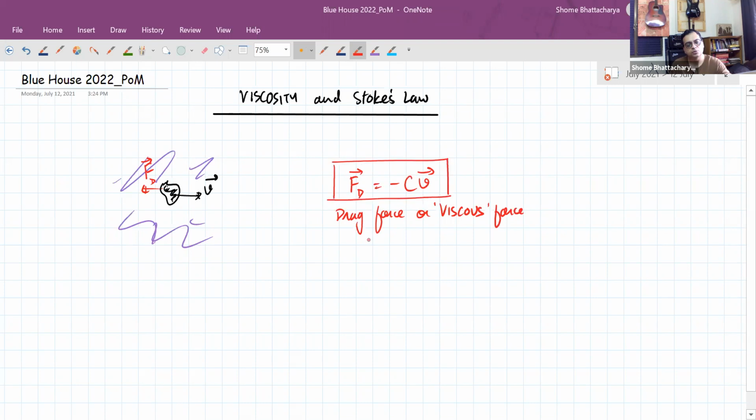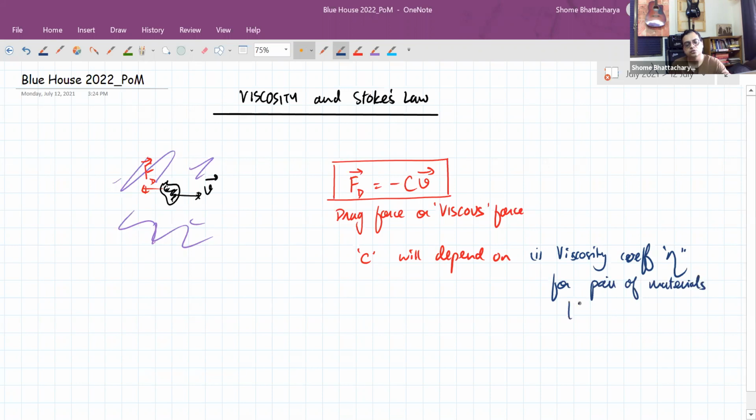And this constant of proportionality, this C, will depend on, first of all, the viscosity coefficient eta for the pair of materials.